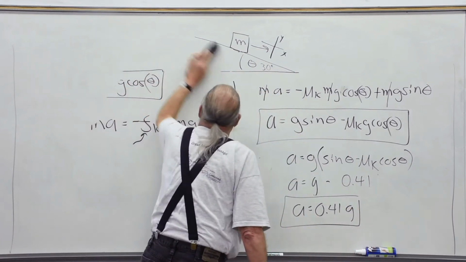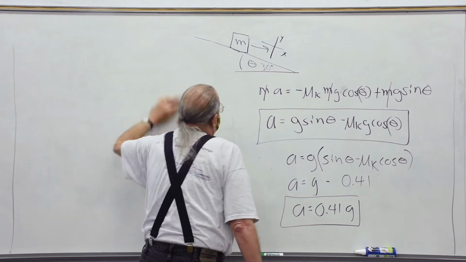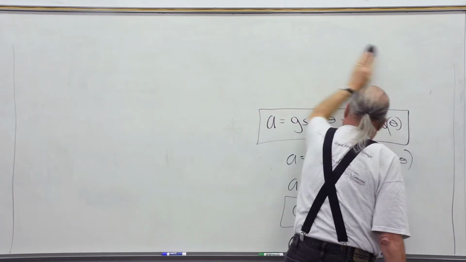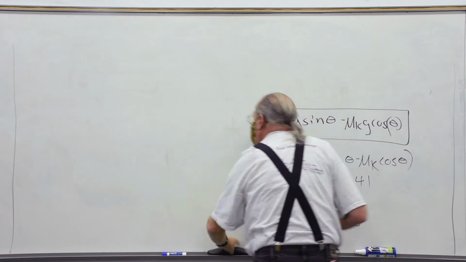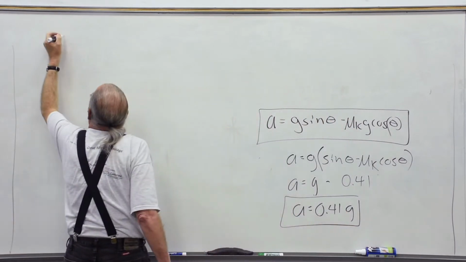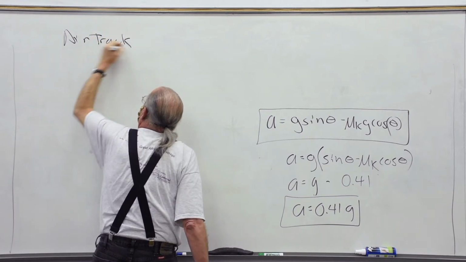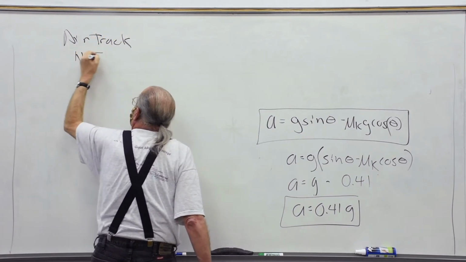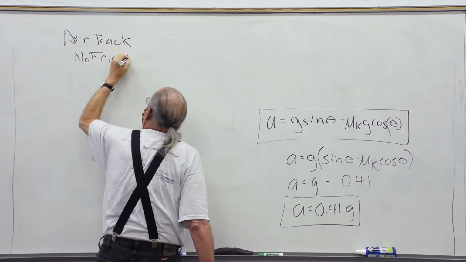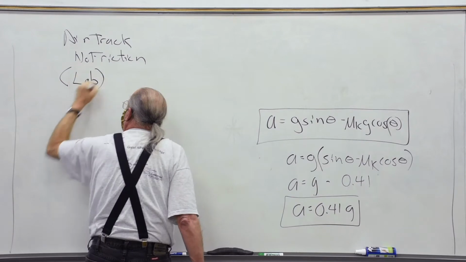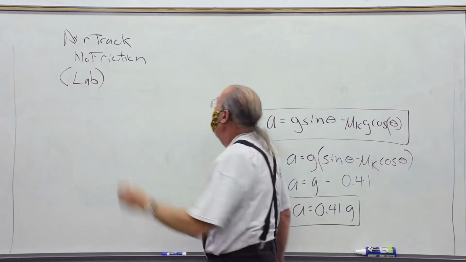Okay, now, in one of our labs, we had an air track, right? And we let the air track slide down the incline. No friction now. Air track, no friction. This was our recreating Galileo's motion experiments lab.